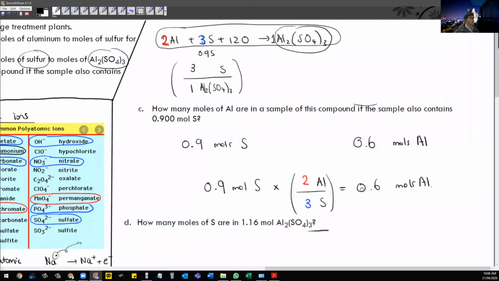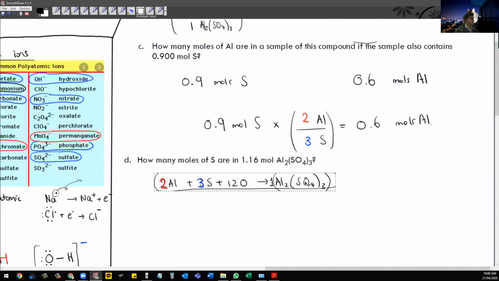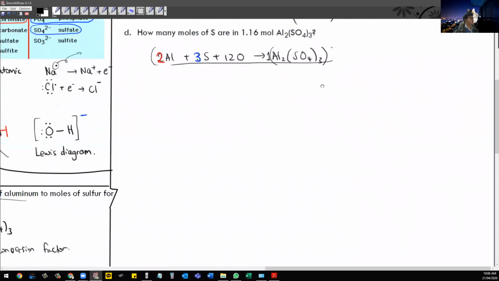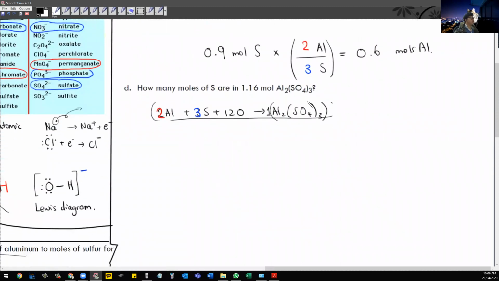Yep. Next question is, how many moles of sulfur are in 1.16 mole of Al2(SO4)3? Again, the equation is this one over here. I'll give you some time for that.